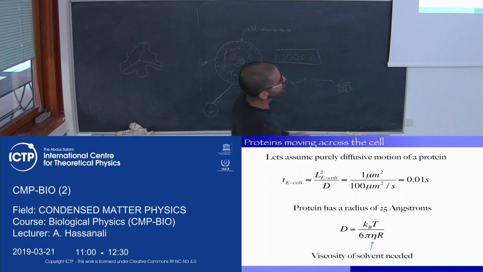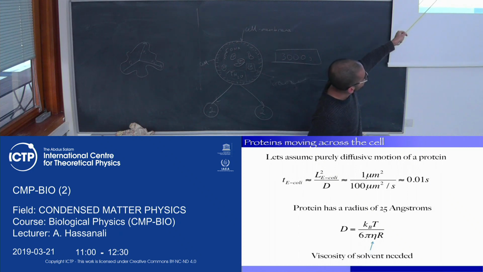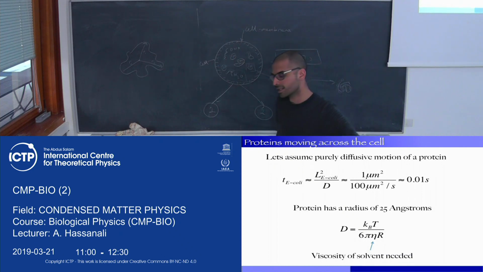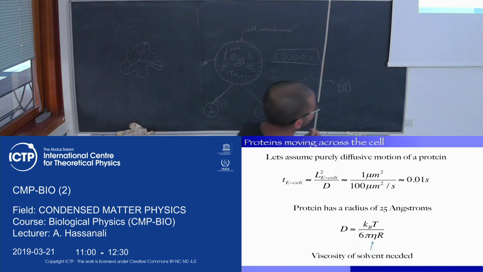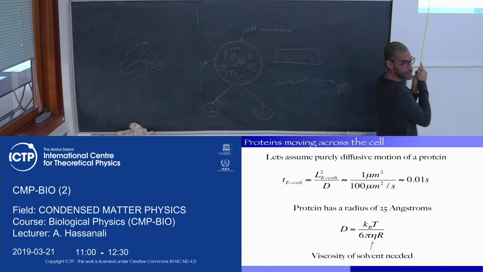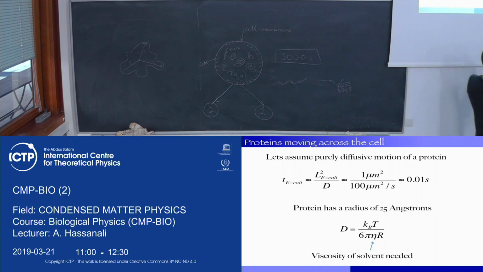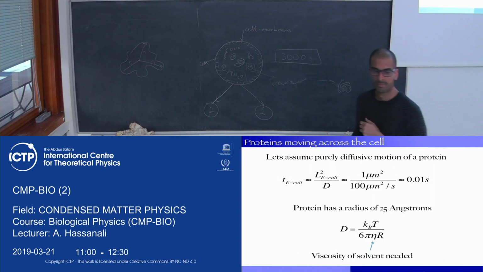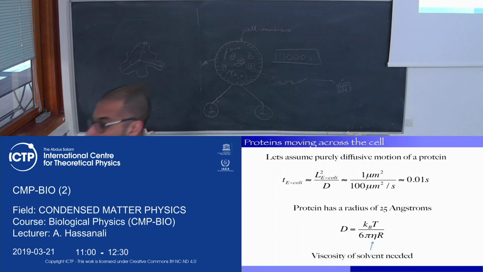So if I plug in a typical protein, radius 25 angstroms, and choose the viscosity of water, let's assume it's in the bulk, I will get something on the order of 100 micrometers squared per second. So this says that the time it takes for this protein to diffuse to the other end of the E. coli is 1/100th of a second, assuming that it's undergoing a Brownian random walk.